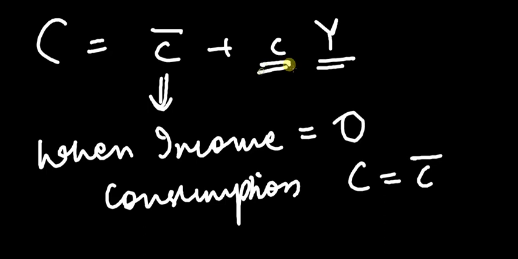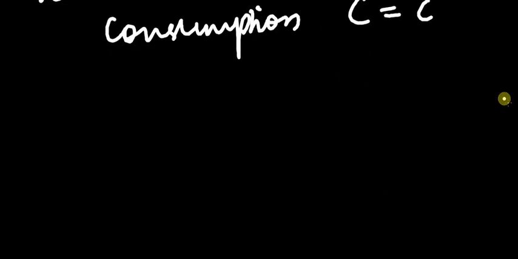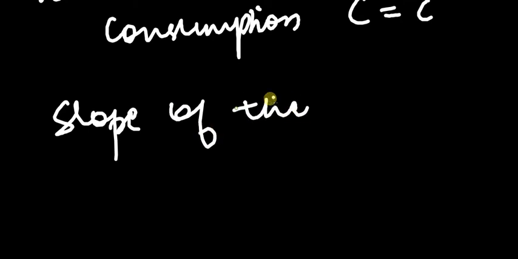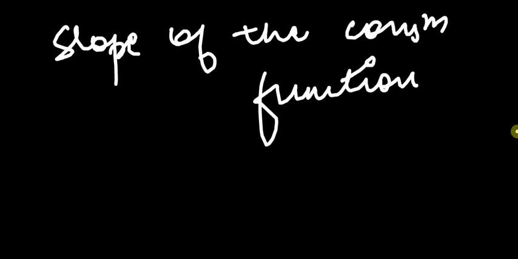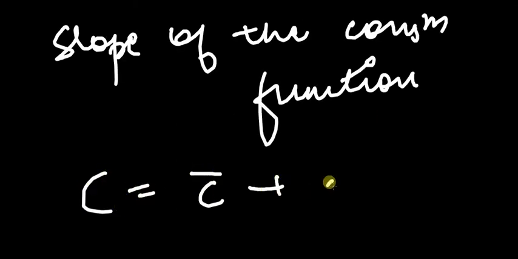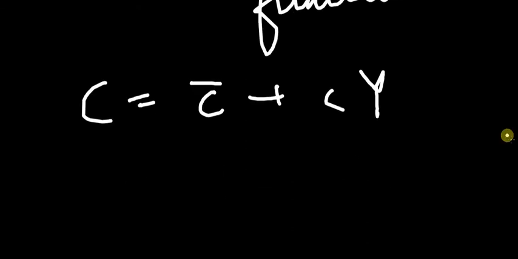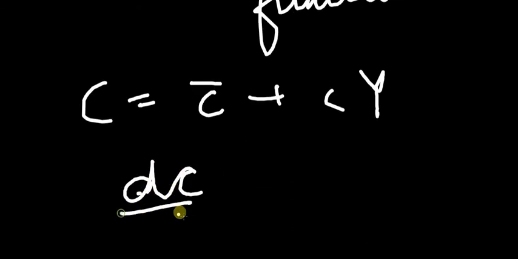What is marginal propensity to consume? That is the slope of the consumption function. C equals C bar plus small c y. When you differentiate the consumption function with respect to y, you get small c.